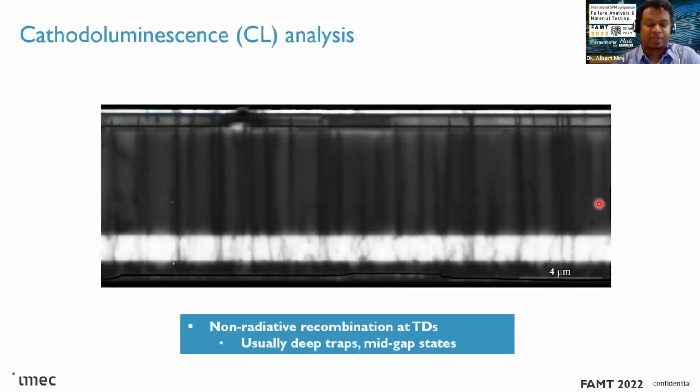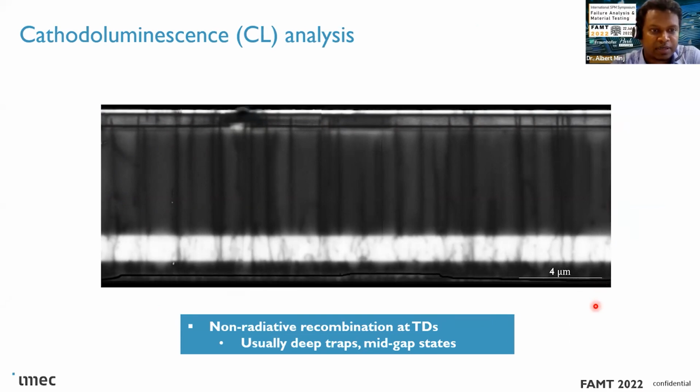So now there is another qualitative way to distinguish if the dislocations or defects are acting as deep acceptors. Normally, the deep acceptors we expect to be close to the mid gap. So usually if they act as non-radiative recombination centers, then we can claim with the CL analysis that they are located in the mid gap, or they are deep acceptors.